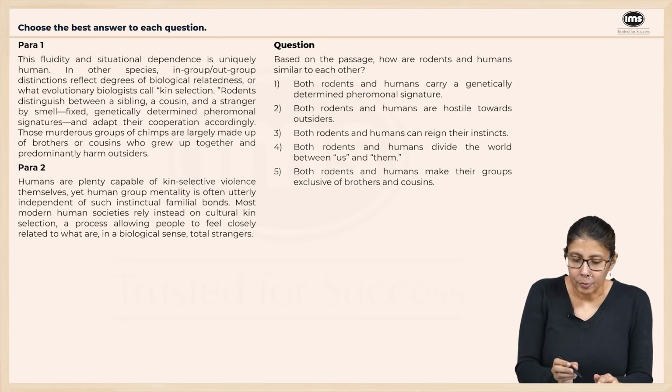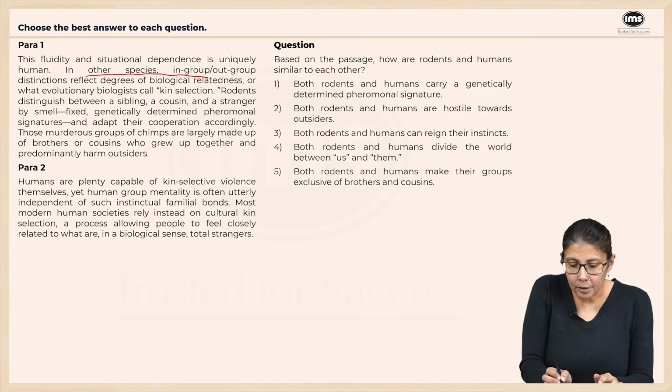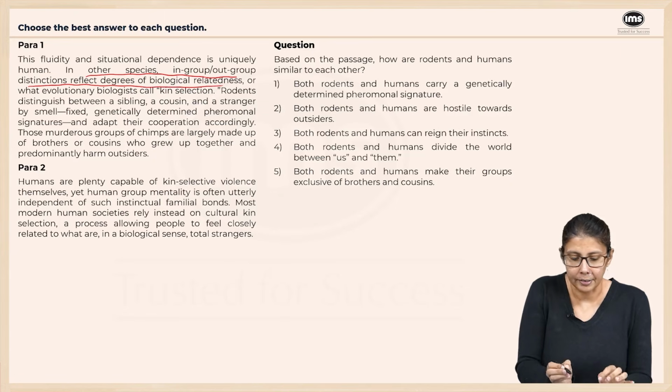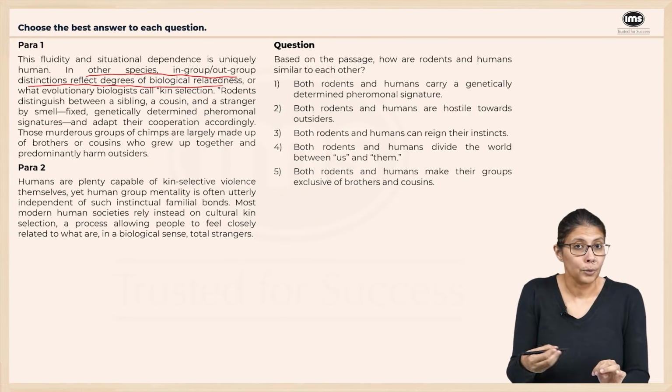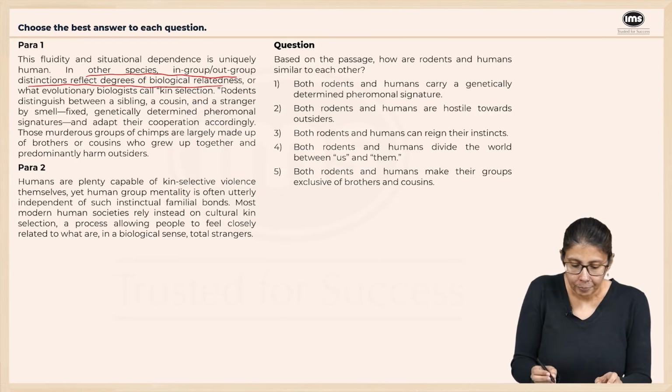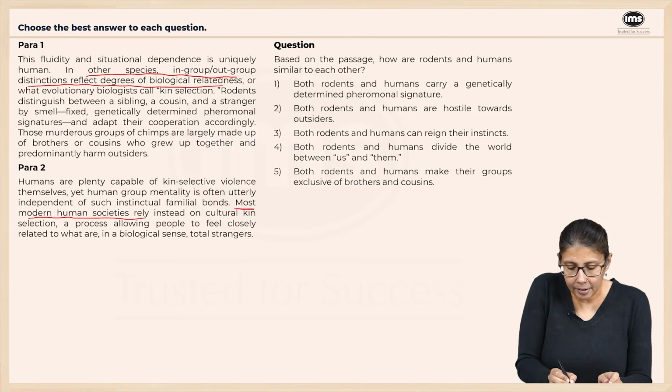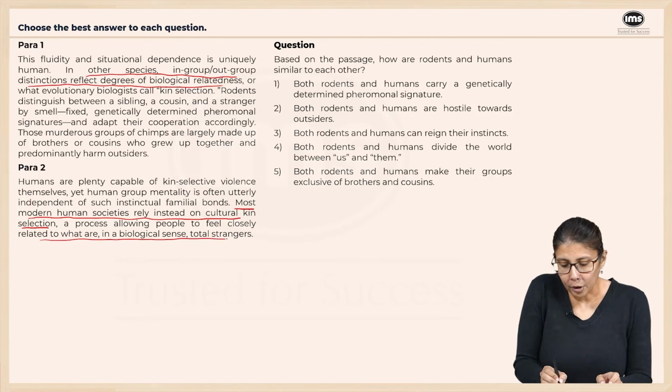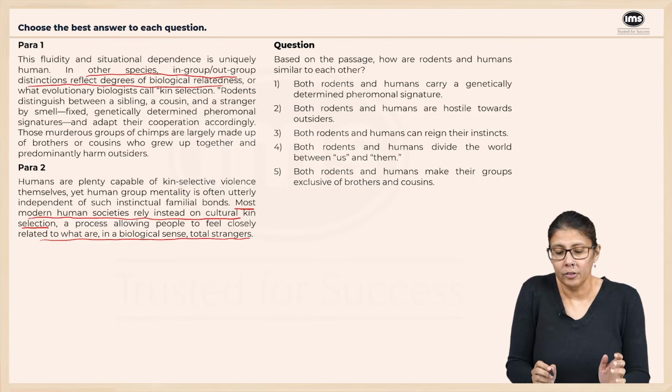In the first para, we start off by saying that in other species, in-group, out-group distinctions reflect degrees of biological relatedness. Now, let's contrast that with what happens in the case of humans. Most modern human societies instead rely on cultural kin selection. So, we are related to what we are in a biological sense, total strangers.